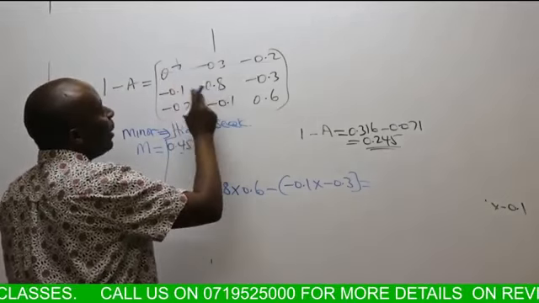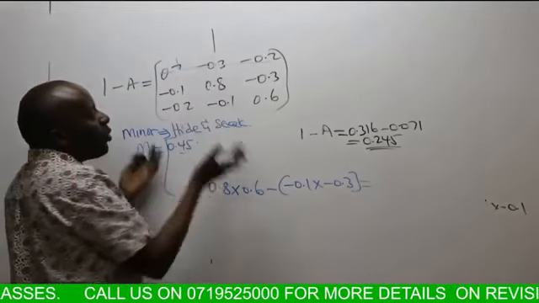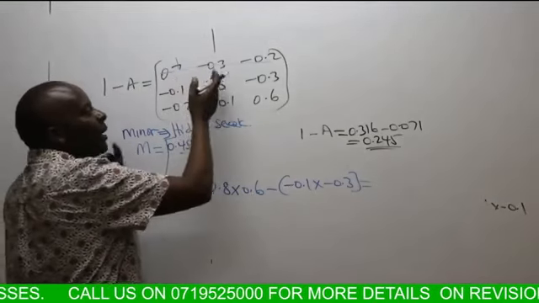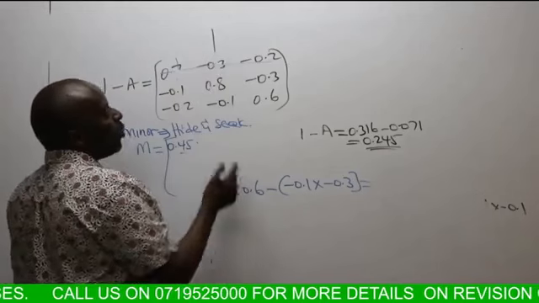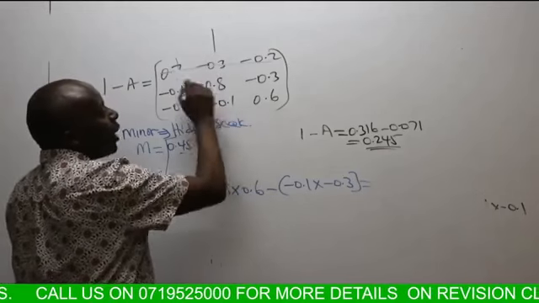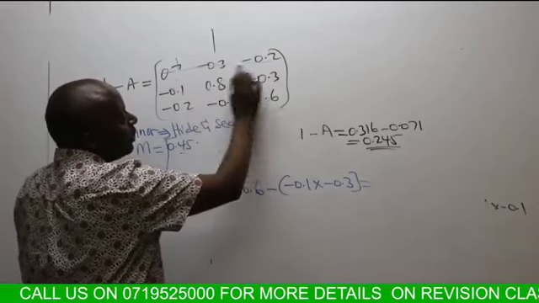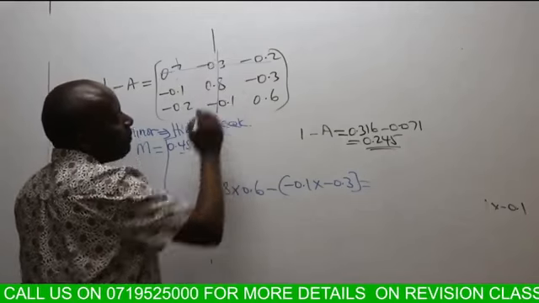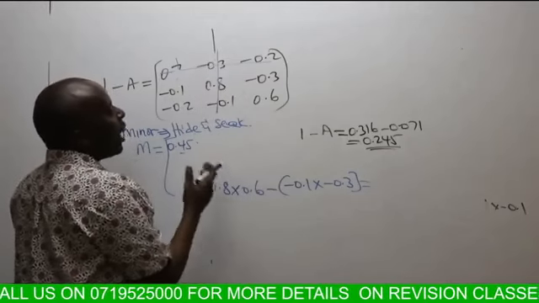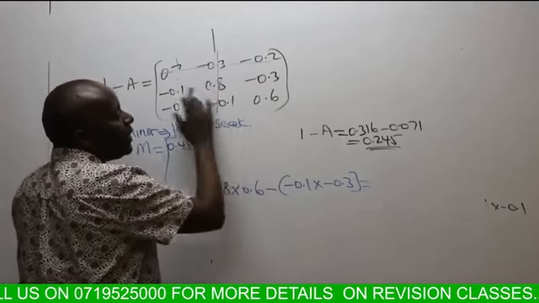The next number, which is this. There's no problem. If you want me to give you the minor element of this, it's very easy. What I'll do is hide and seek. I'll hide the row where the number is found and the column, and then I'll be left with the 4 figures which are unhidden.